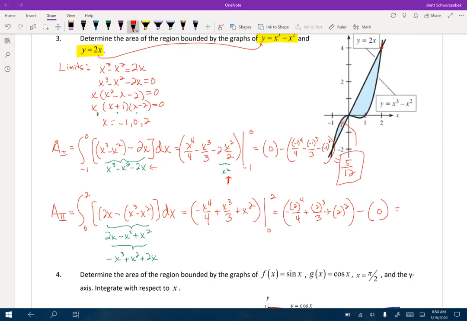We will end up with 8/3 when you do the math of that. Therefore, the total area of the entire problem is area 1 plus area 2, which is 5/12 plus 8/3, which gives you 37/12 as your area of the region bounded.